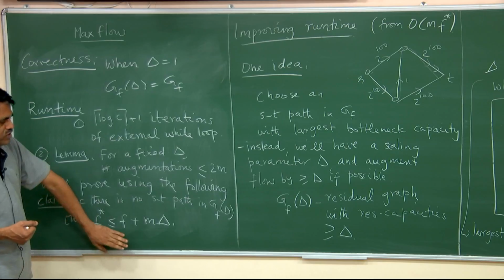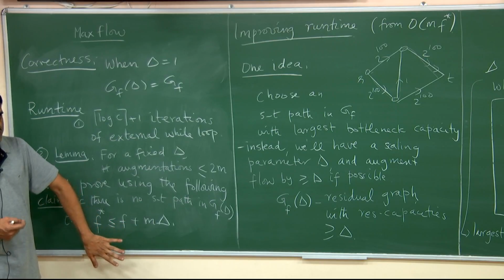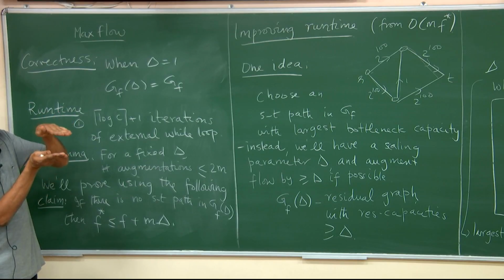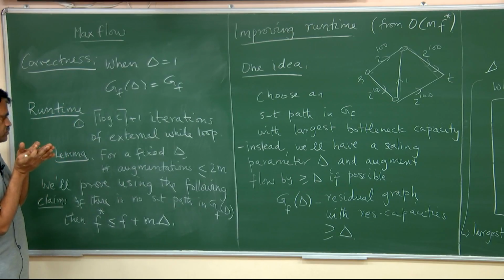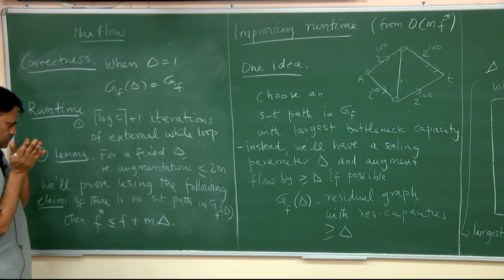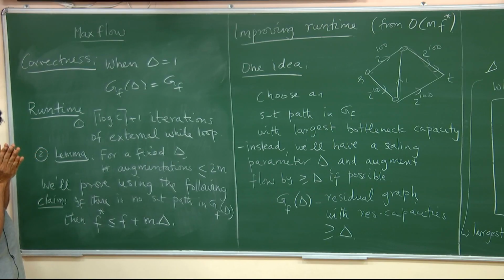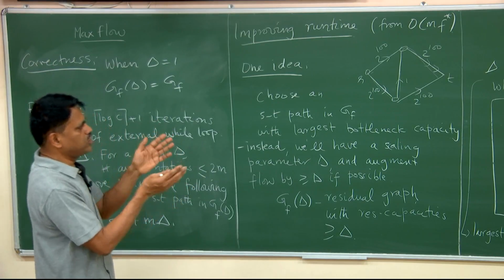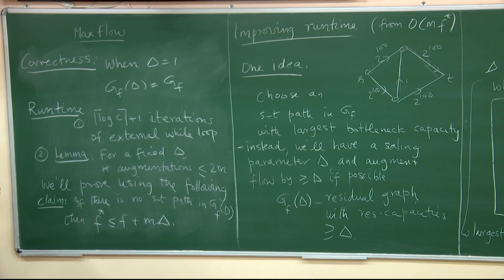Okay, I will argue this. This requires a proof, very similar to how we argued that when there is no augmenting path, you reach the max flow, right?